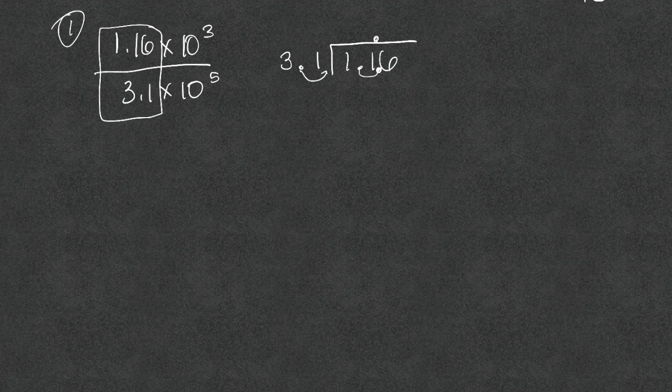31 will go into 106 about 3 times to start with. 3 times 1 is 3, and then we have a 9 here. We do our subtraction. 6 minus 3 is 3. 11 minus 9 is 2.